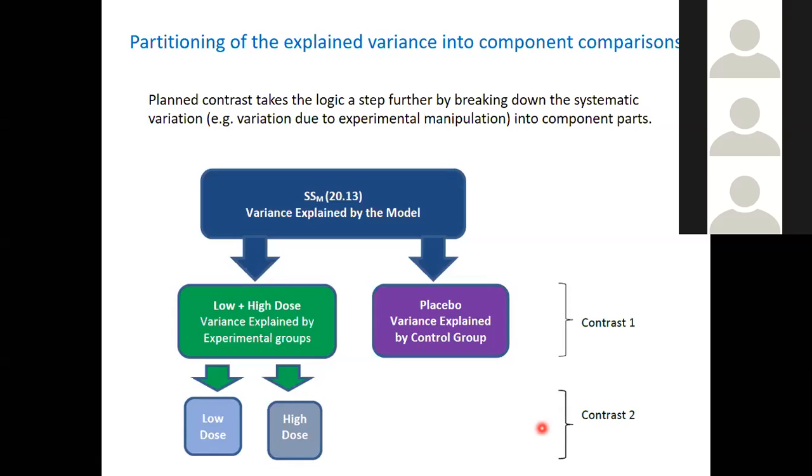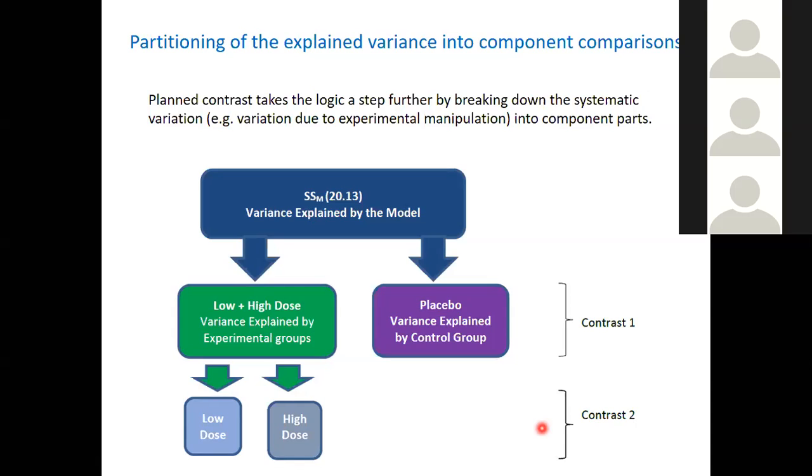But the planned contrast now takes that approach further. After ANOVA has found a difference, it doesn't know where the difference lies. The planned contrast goes further by splitting the model, that sum of square between, into the different groups.